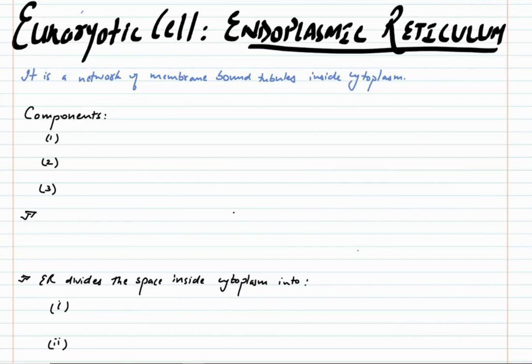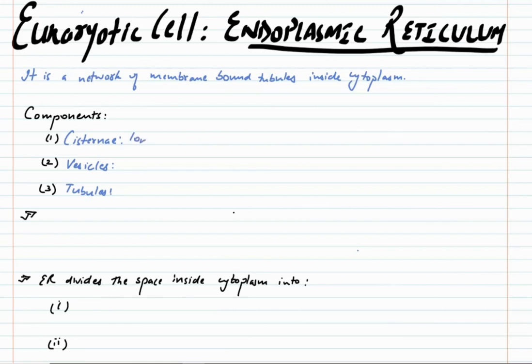Now there are three components of endoplasmic reticulum. First is cisternae. The second component is vesicles. And the third is tubules. So the endoplasmic reticulum can be arranged in the form of cisternae, that is flattened vesicles, or it can be present as vesicles, or it can be present as cylindrical structures which are called as tubules.